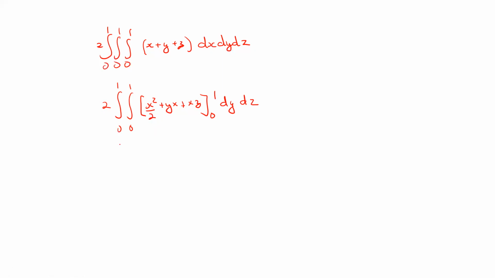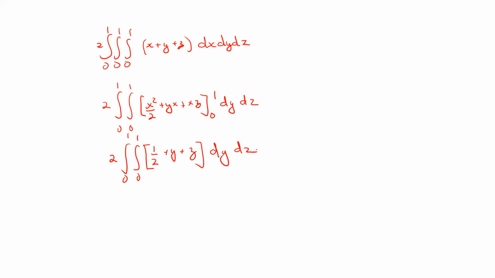The integral just becomes 2 times the integral from 0 to 1, 0 to 1 of one half plus y plus z. Now integrate with respect to y.